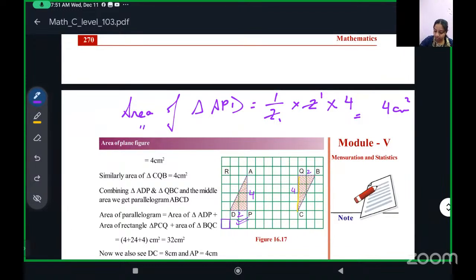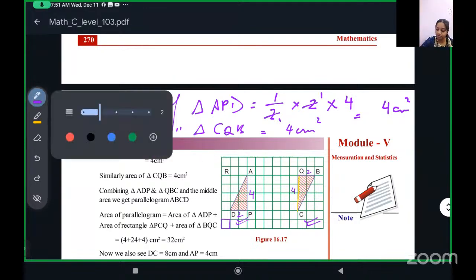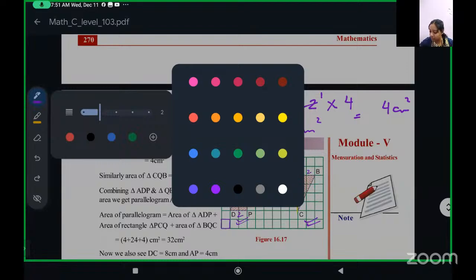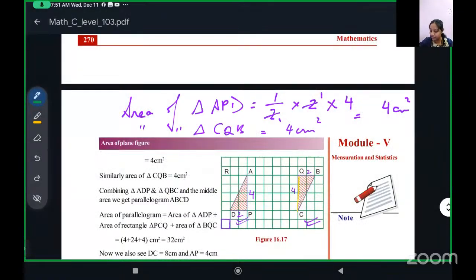Area of triangle CQB, the second triangle, also becomes 4 centimeters square, because again the base is 2 and the height is 4. Now we will see the rectangle.